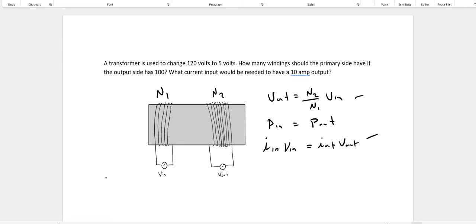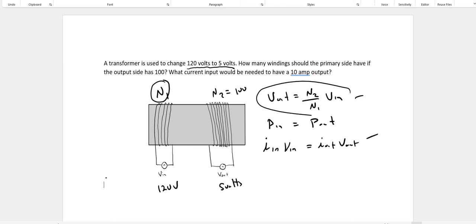So in this example, we're trying to change 120 volts to 5 volts. So in my picture, the input is the 120 volts. The output is the 5 volts. And let's see. How many windings should the primary have if the secondary has 100?